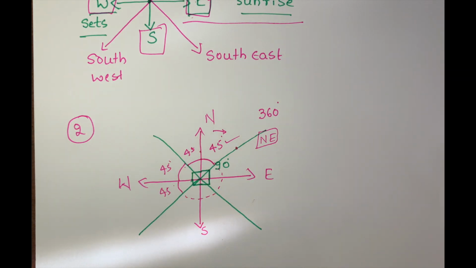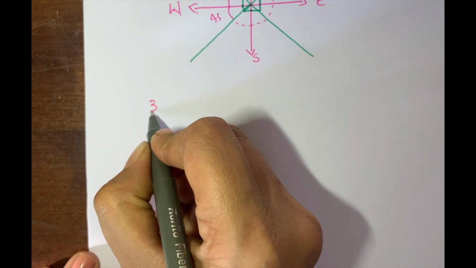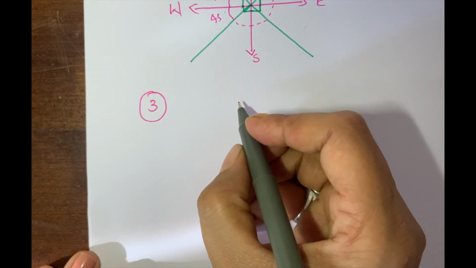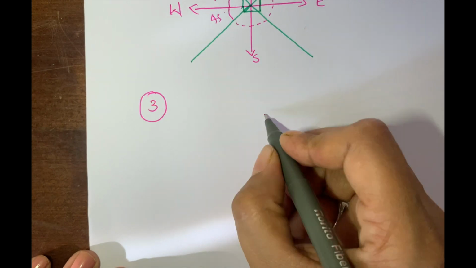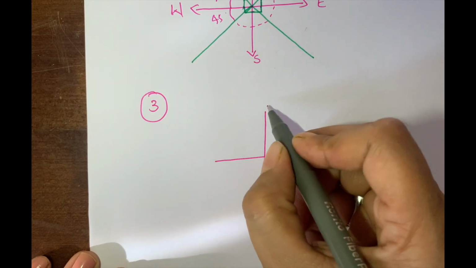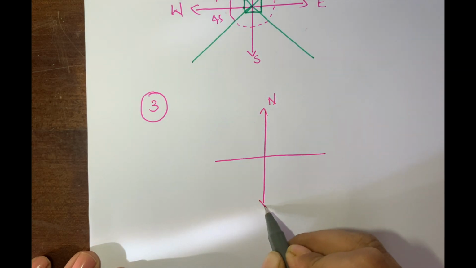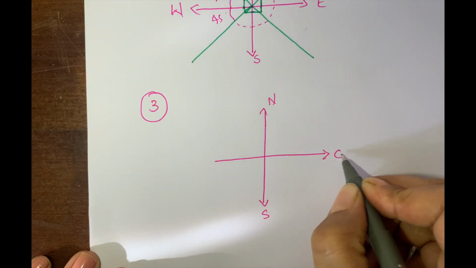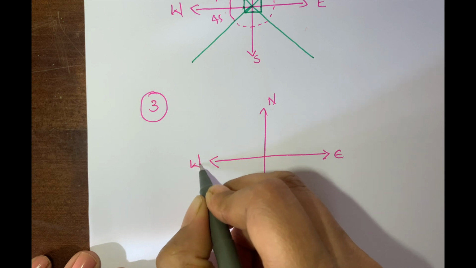This is the second concept. Next concept, this concept is actually very, very important. See, try to understand this. Again, north, south, east and west.